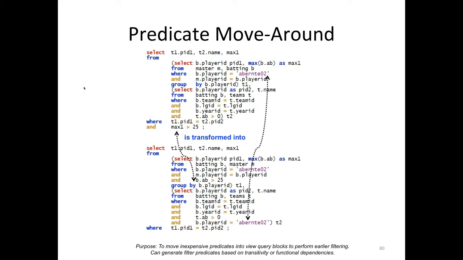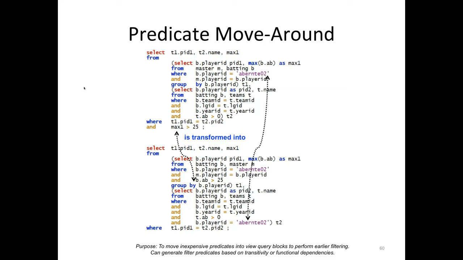Now, that particular optimization is one that the optimizer is going to make very easily for you, and it may look redundant to you to put the same thing in twice. But, again, something to keep in mind. These kinds of things are added to help make it more efficient and produce earlier filtering.